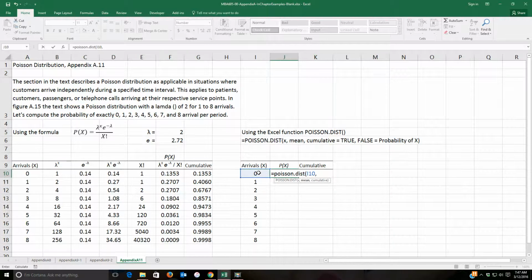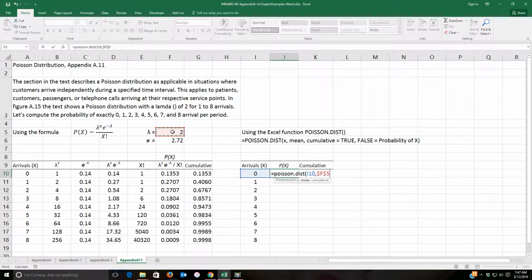It wants the mean, which is lambda in the Poisson distribution. We'll make that absolute.